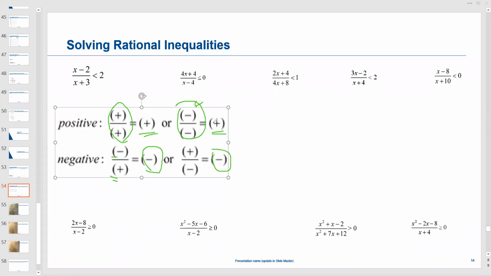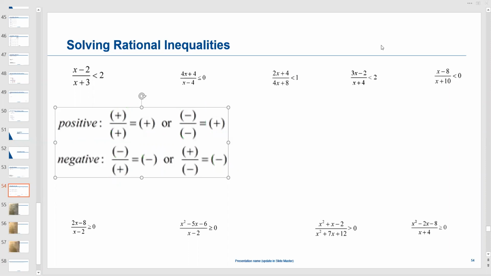If both negative, the result is still positive. If they are opposite, one positive, one negative, the result will be negative, all right? So just keep that in mind here. You guys definitely know this better than me.